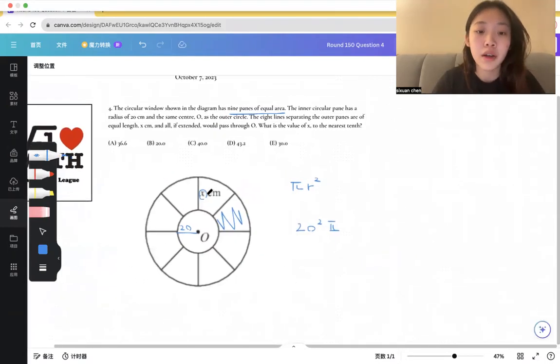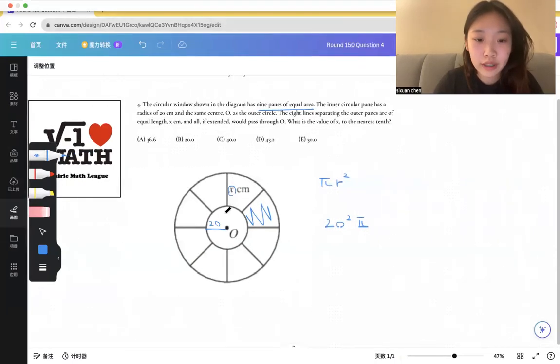Okay, so how can we look for the area of this shape right here? If we extend those lines separating the outside plane right here, we can create 8 pieces that create this larger circle.